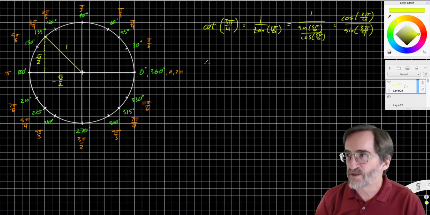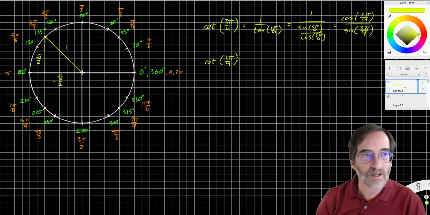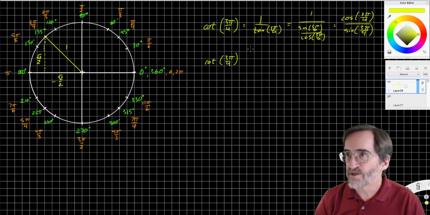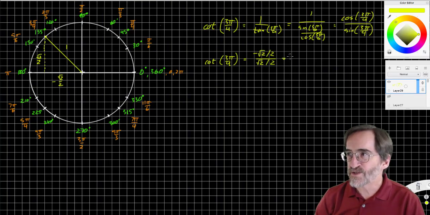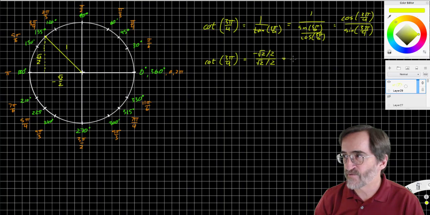So cotangent of 3 pi over 4 is cosine, that's negative root 2 over 2, over the sine, root 2 over 2. Anything over itself is 1, but negative over positive is negative. So this is negative 1. So cotangent is negative 1.